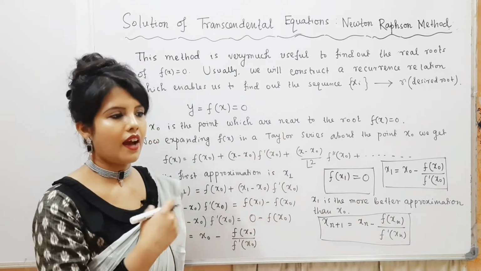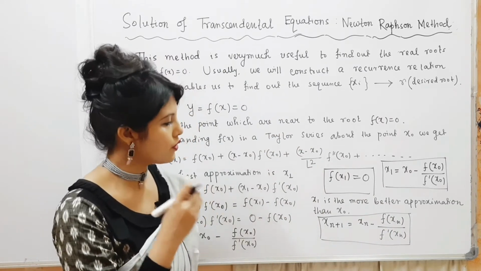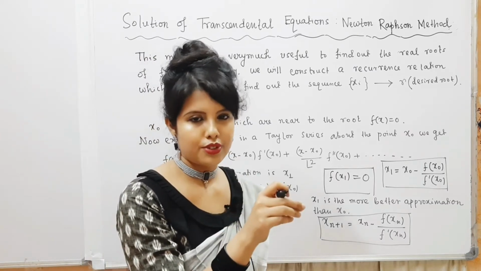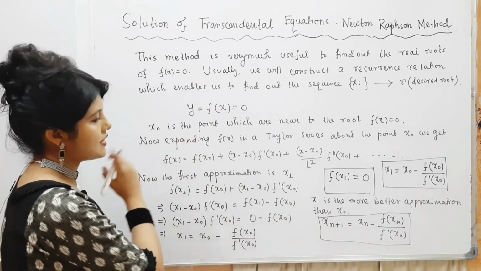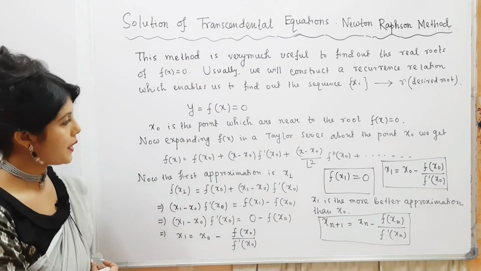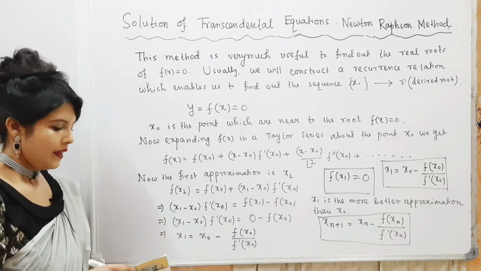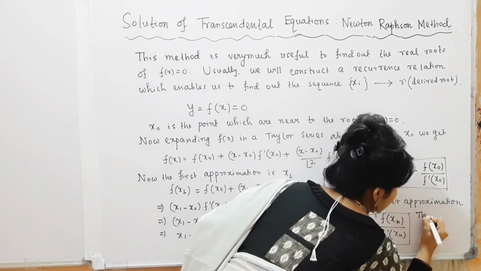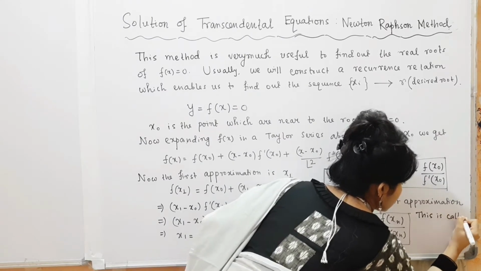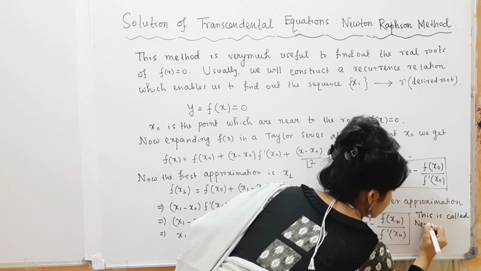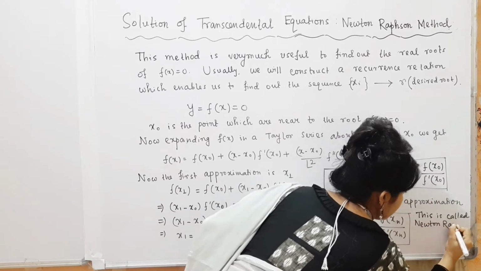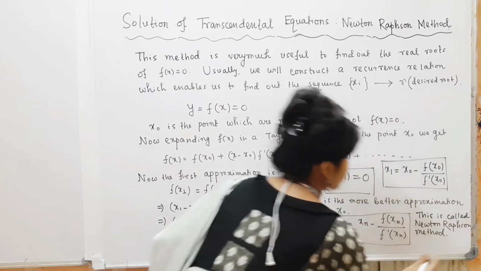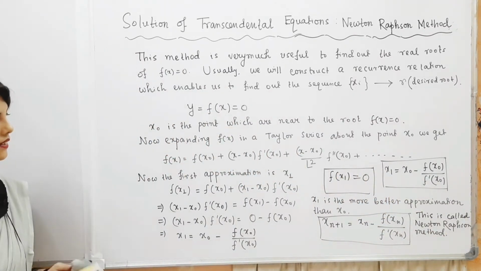Okay, and after some iterative steps you will notice that this sequence will converge to a desired root, and that is the desired root of the equation f of x equal to 0. Okay, so this is the statement of the method. This is called the Newton-Raphson method.